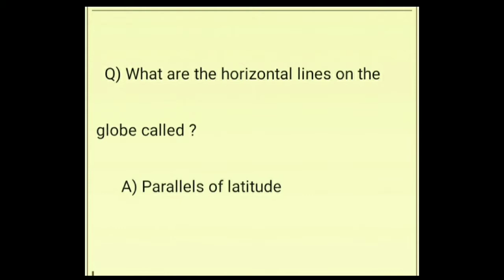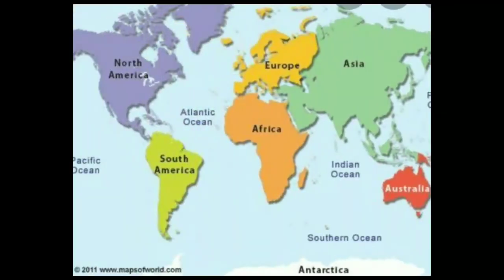What are the horizontal lines on the globe called? We have just seen horizontal lines, or the sleeping lines, or the lines going from east to west, are called parallels of latitudes.